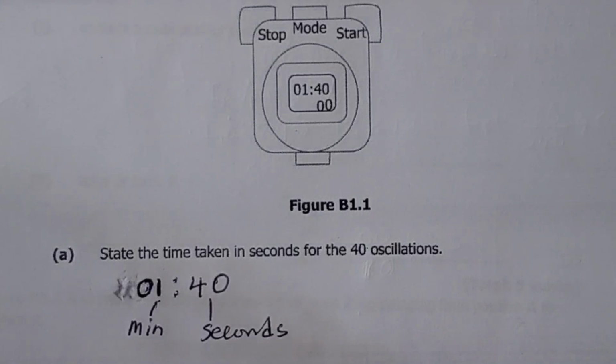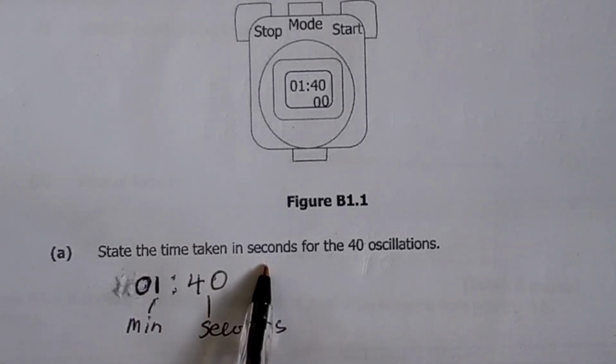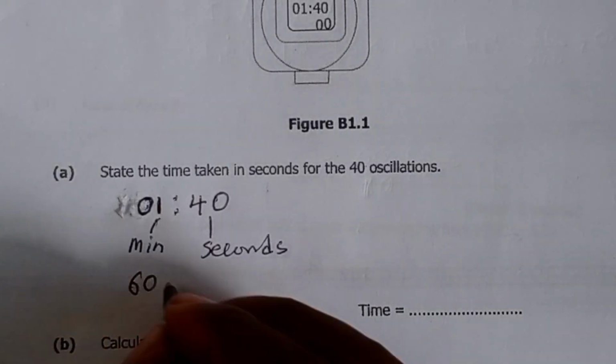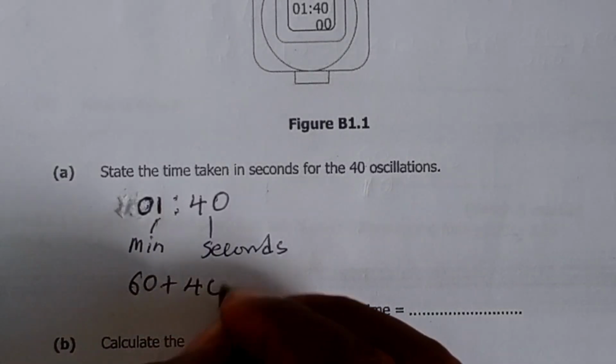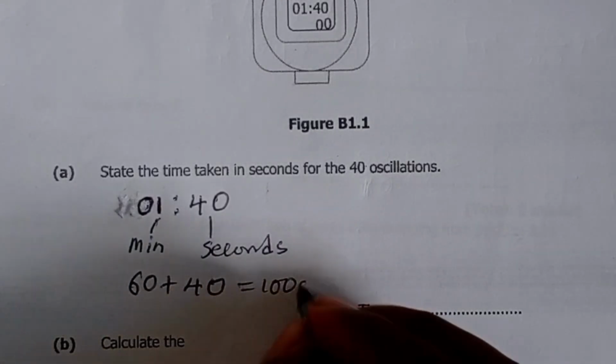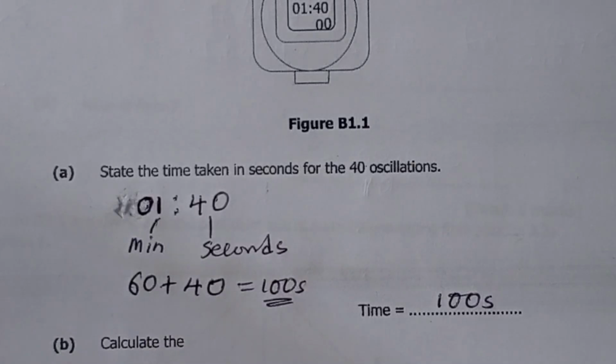So we have 1 minute 40 seconds. Now we are stating the time in seconds. So 1 minute is equal to 60 seconds. It's going to be 60 seconds plus 40 seconds, so we are going to have 100 seconds. So the time taken is 100 seconds.